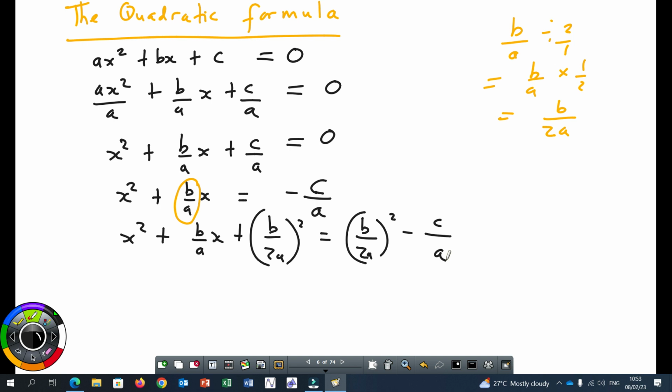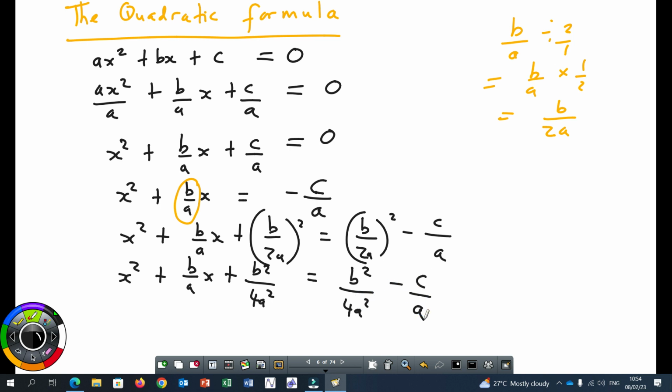The good thing is, I've created the perfect square trinomial on the left-hand side. So when I factorize it, or rather let me just remove the bracket there. So that will be b over a times x plus b squared over 4a squared. This will be equal to b squared over 4a squared minus c over a.